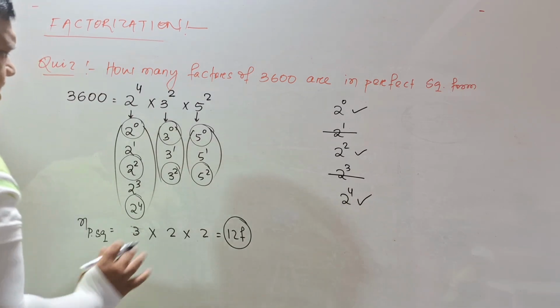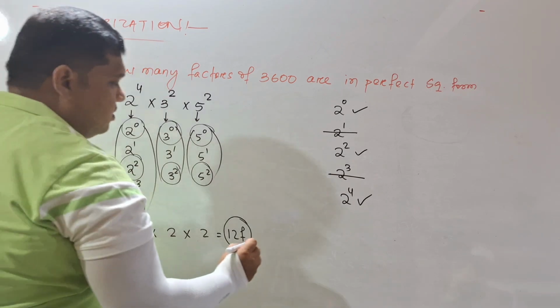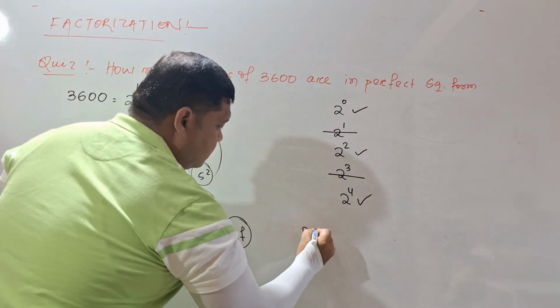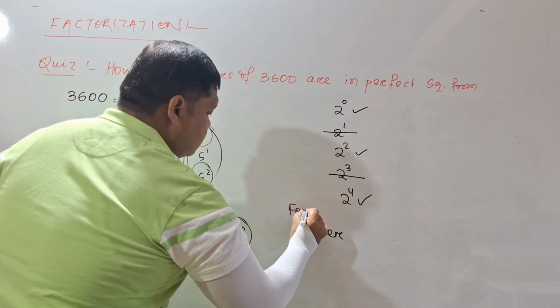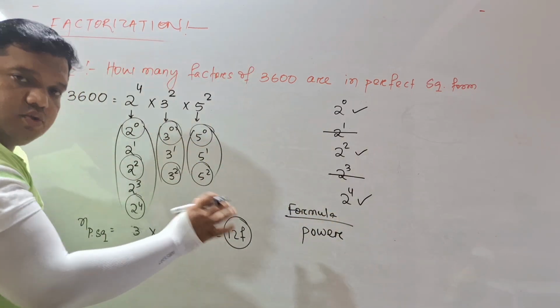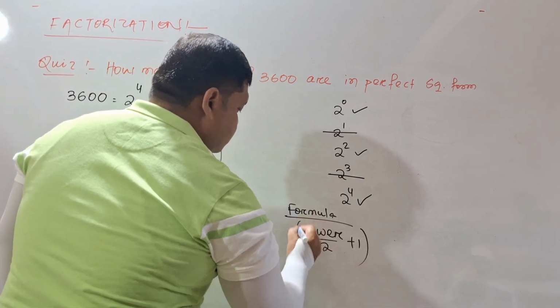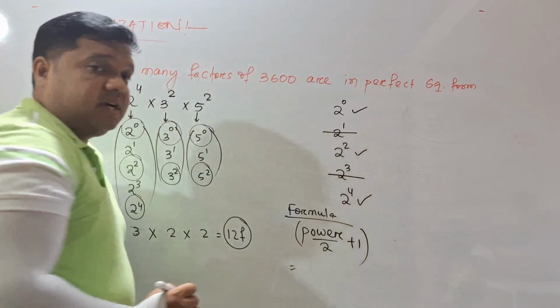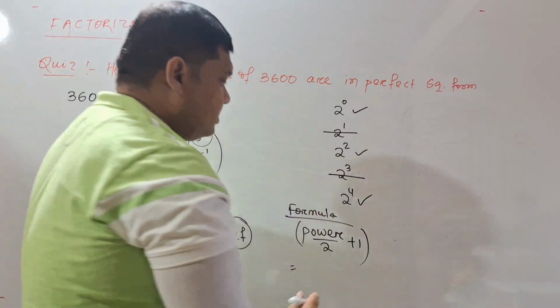Now the question is, is there any formula, any shortcut? Yes. What you have to do, here I will do power. This is the formula. If you do not want to draw this structure, you can find power by 2 plus 1, and ignore the decimal part. If you apply this formula, it has a restriction. First you learn that.